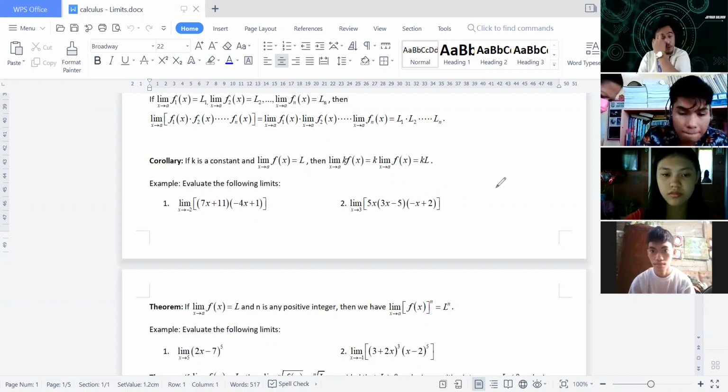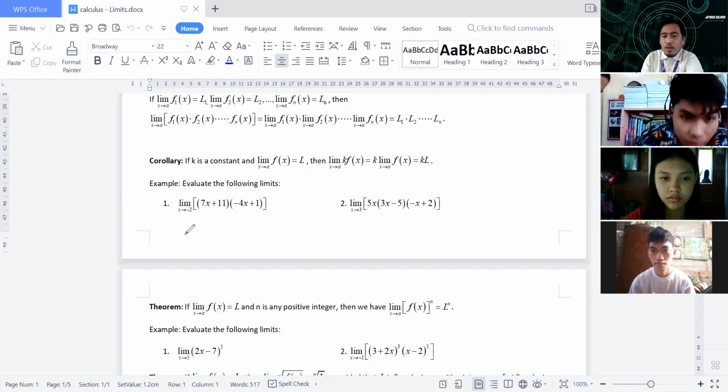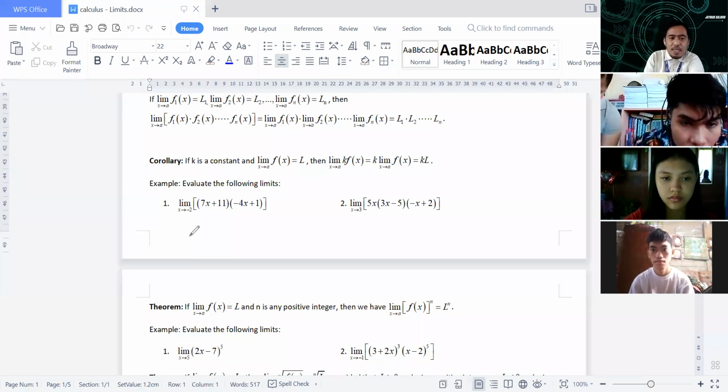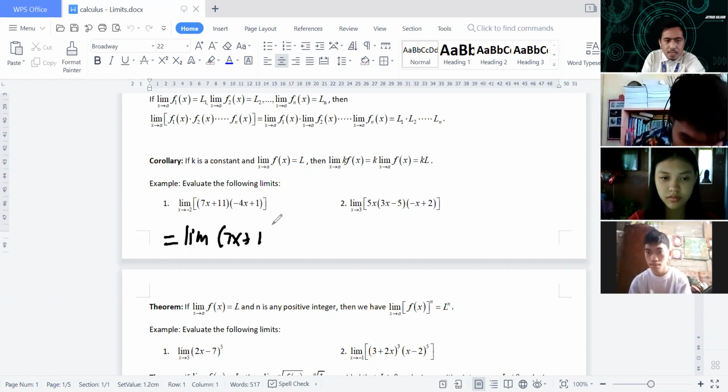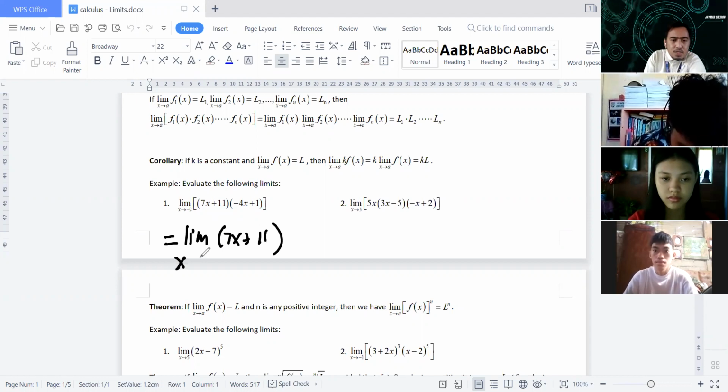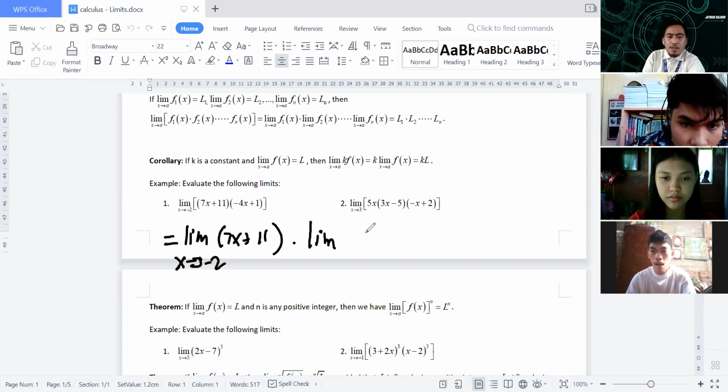So, if we consider number 1 here, we can apply the product, right? So it can be the limit of 7x plus 11 as x approaches negative 2 times the limit of negative 4x plus 1 as x approaches negative 2, right?